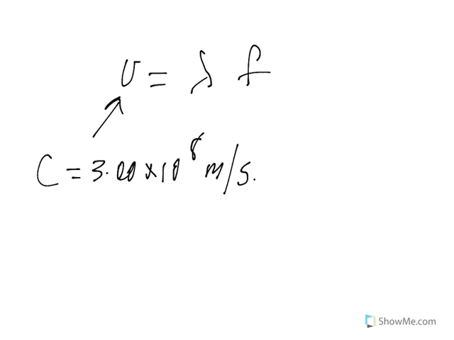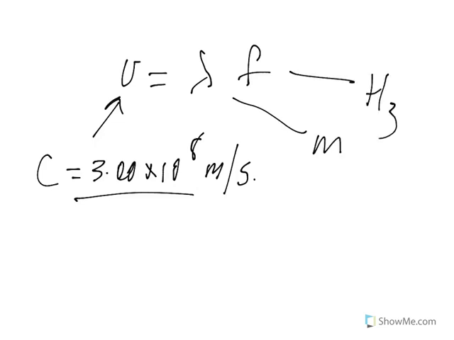So all electromagnetic waves, of which light and X-rays are, all travel at what we term the speed of light. Lambda, of course, is in metres, frequency is in hertz. So we can use the wave equation to calculate some things about wavelengths of X-rays.